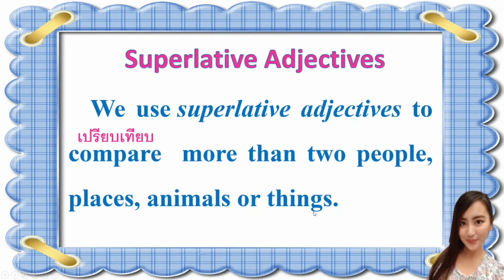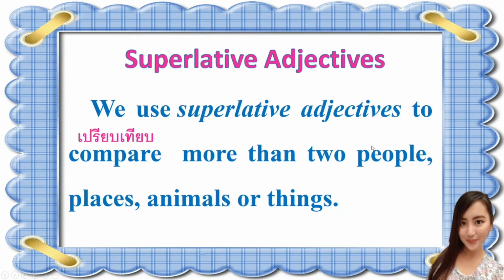If you can remember, last week we learned about comparative adjectives, and we use comparative adjectives to compare two people, places, animals, or things. For example, hippo is big and giraffe is bigger than the hippo.